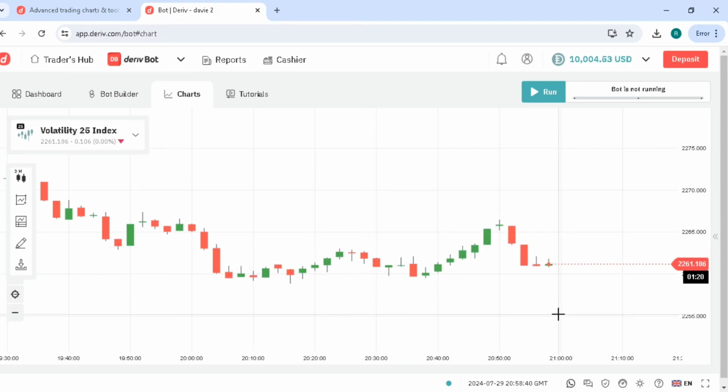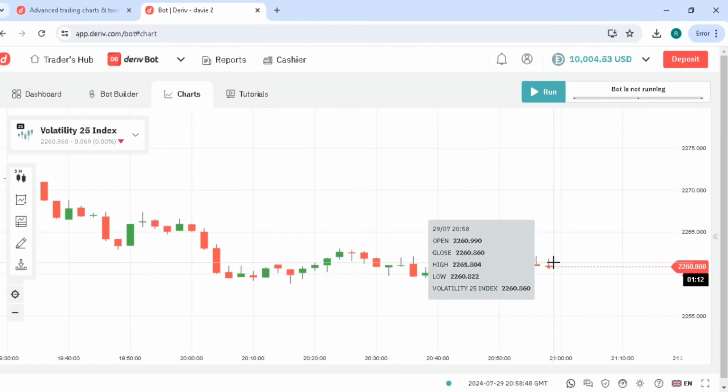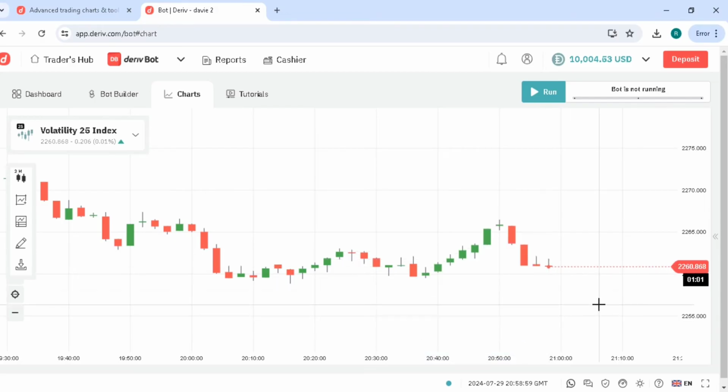So for you to enter a rise market, you wait until this wick has been covered by the body. Once it has been covered by the body and the candlestick grows upwards, even if it's once, you run your bot. Now that is the first entry point, and we are going to be using it as we continue. Even when it comes to analyzing the market using support and resistance, which is likely to be our next part, that is the entry point we shall be considering.